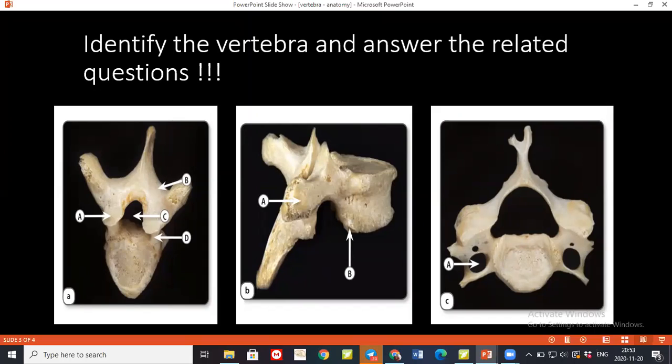Can you tell me the difference between first and second? What are they called, and how would you differentiate between them? Why are they atypical? The first cervical vertebra is called atlas, and its peculiarity is that it has no body. It has a bifid spinous process. The 7th cervical vertebra has the longest spinous process of the cervical vertebrae.